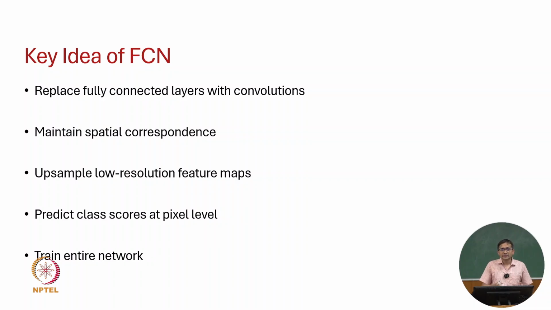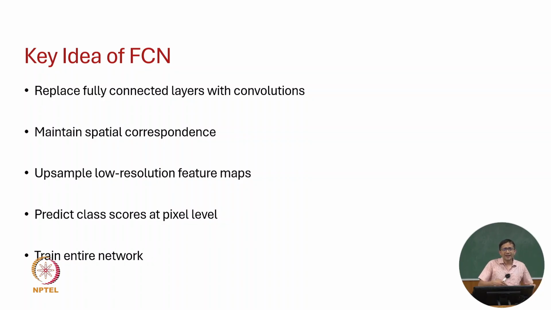Spatial correspondence is maintained, of course, like if we started with H cross W images, now we have a feature map which has the spatial dimension H dash cross W dash, where H dash and W dash are less than H and W. However, they are not the same size, right?